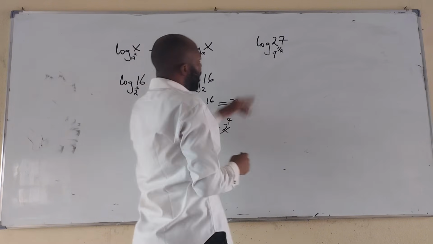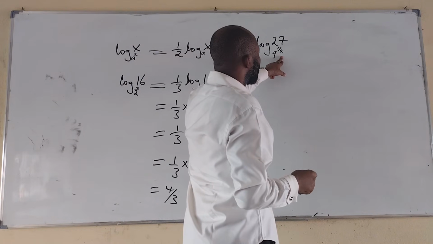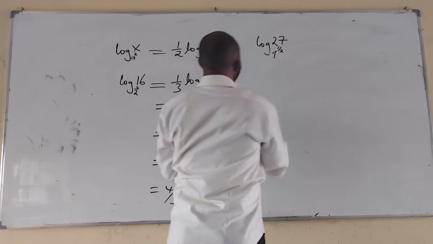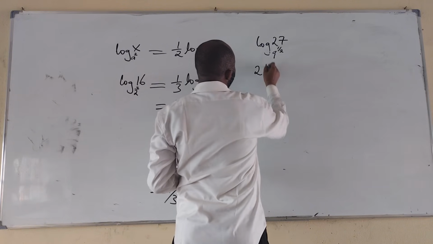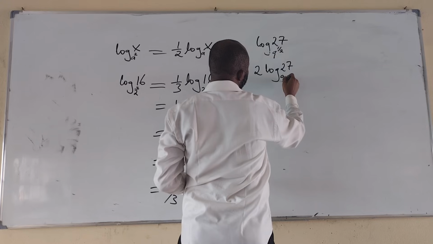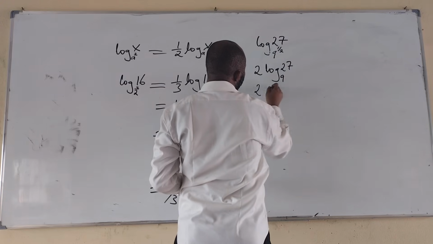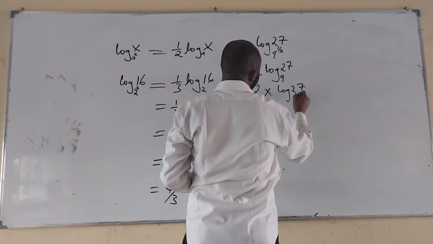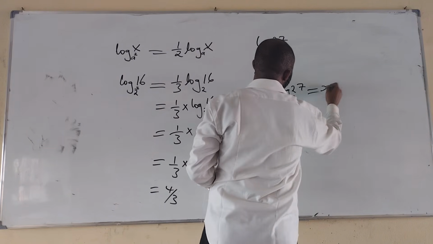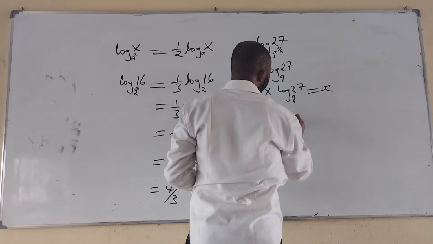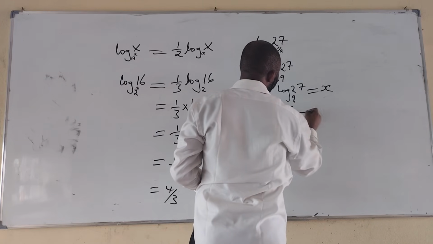Now the reciprocal of the power, which is 1 over 2, the reciprocal of 1 over 2 is now 2, multiplied by the log. So this becomes 2 multiplied by log 27 in base 9. Now this is 2 times log 27 in base 9 is equal to x. And this is 2 times 9 raised to the power of x is equal to 27.